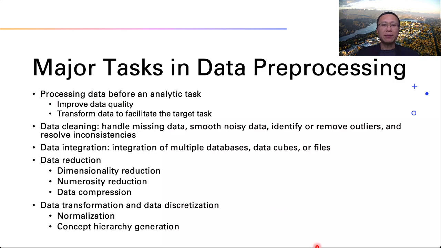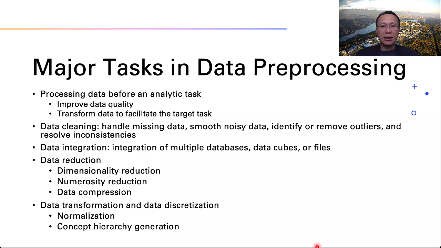The raw data may not be convenient, so you may want to do data transformation and data discretization. Through data transformation and data discretization, we can normalize the data so that the analytic results are more reliable. And we may also construct a concept hierarchy so that data can be better understood.